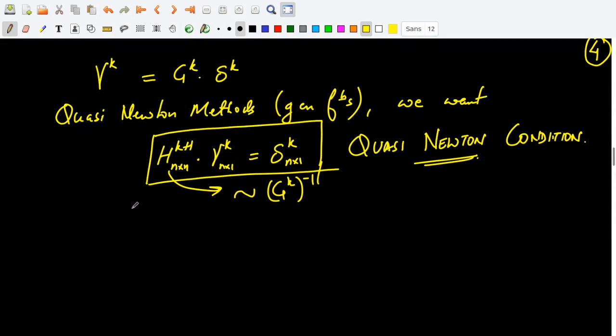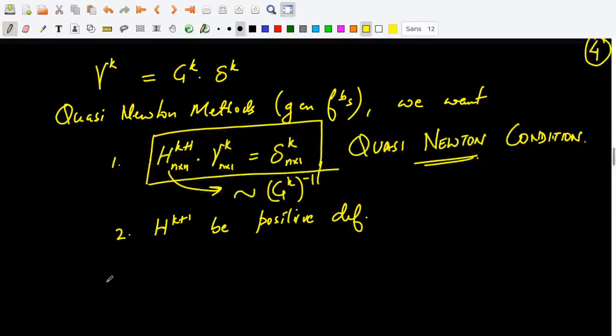We also want H_{k+1} to be positive definite. Even when we impose this additional condition, there could be many H's to choose from. So we can try to impose even more conditions on H so that we can find them easily.